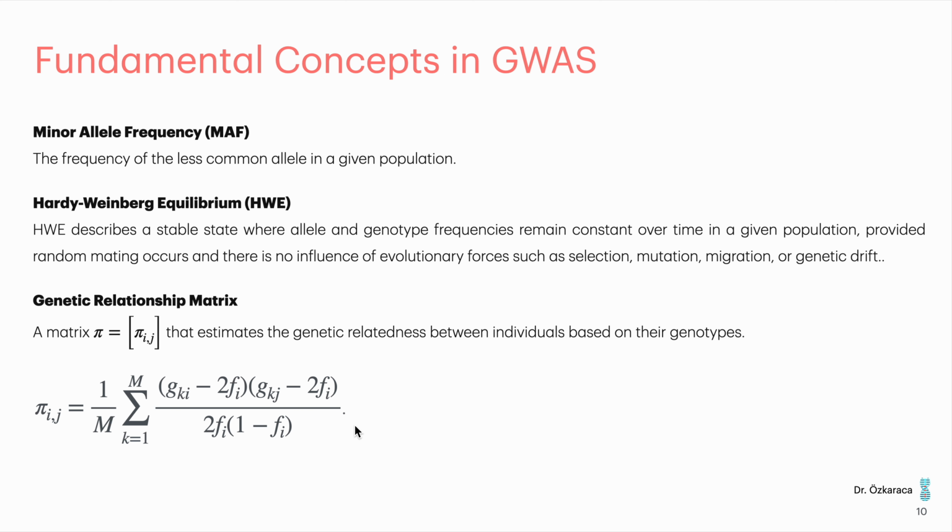The only thing you might need to know is that the expected value of these entries are the coefficient of relationship between individuals. So it is generalizing the concept of our understanding of coefficient of relationship between individuals. And you don't need to know the mathsy details behind it.